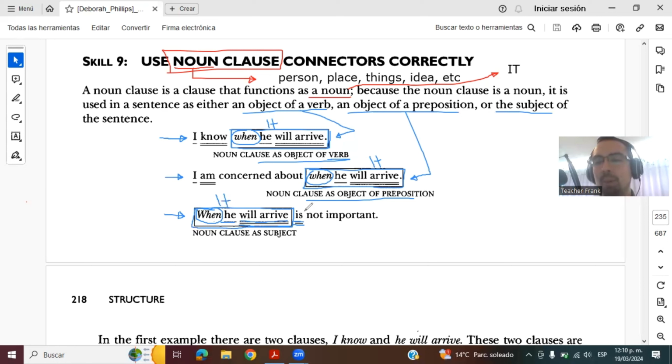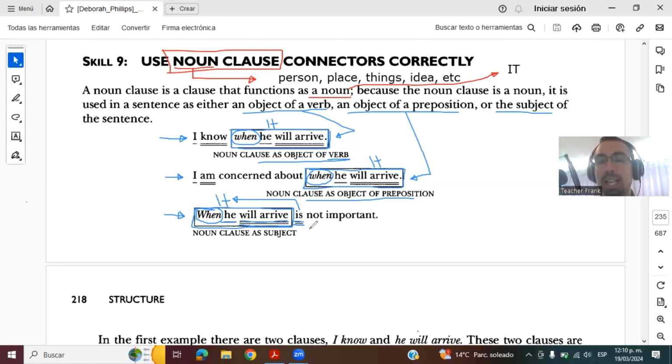It is not important. Oh, do we see our subject, right? So you see this whole structure, when he will arrive, is the noun or is the subject of the verb is, right? That's where it gets a little bit complex, right?